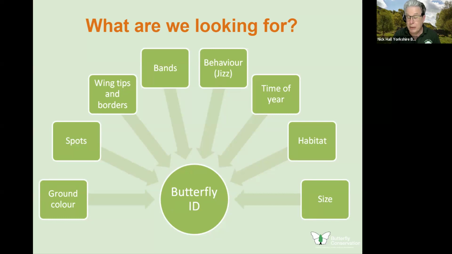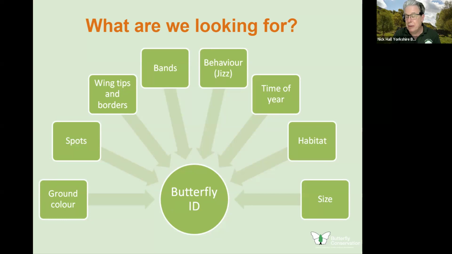When it comes to the whites, which I know most of you find the trickiest family of butterflies, wingtips and borders are really important. And the big showy butterflies, what we call the vanessids, like the small tortoiseshell and the peacock, are all to do with bands. They have wide bands of color across them. They're very showy, with different colors.